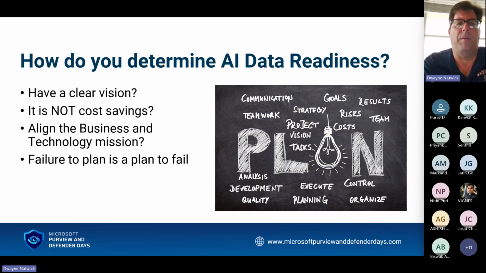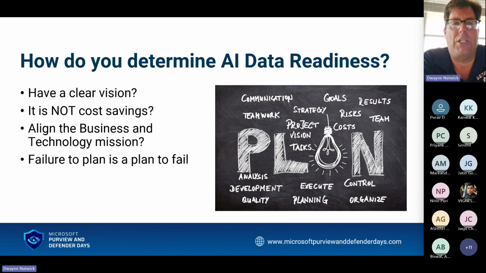So let's talk a little bit about governance and AI. It's having a vision, having a plan, and this was mentioned at the end of the previous presentation. If you aren't planning and you aren't understanding what data you have, you can't protect the data that you have, and that's a key aspect.